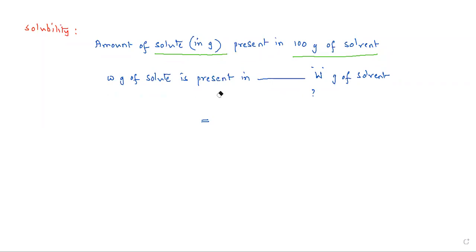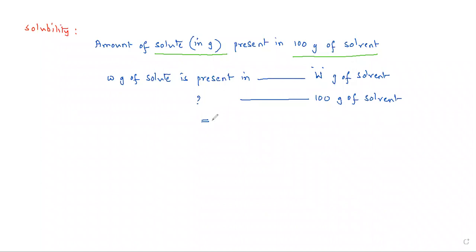Just a second. Because 100 grams is the weight of the solvent. So now let us consider it as, say, if w gram of the solute is present in capital W gram of solvent, then 100 gram of the solvent will be having how many gram of the solute?